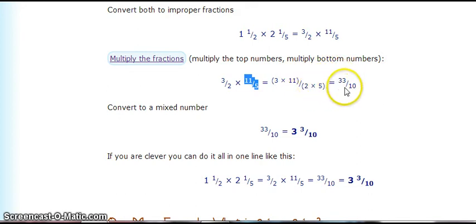And 2 times 5 makes 10. That leaves you with 33/10. And 33/10 is 3 3/10, because 10 times 3 is 30, plus 3 more makes 33.